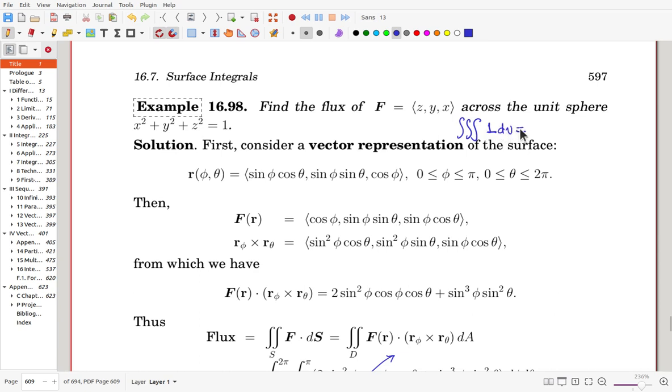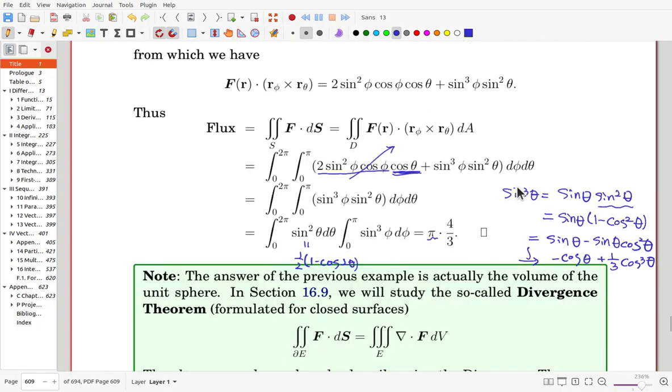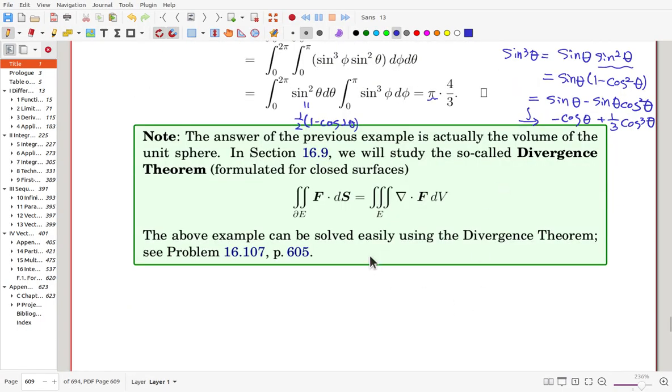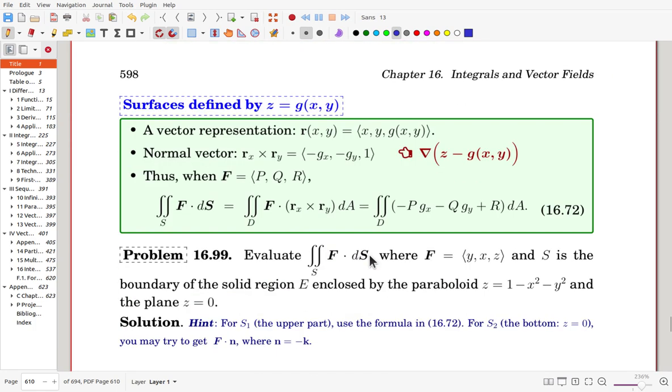So that is the volume of a sphere, which is 4 over 3 pi r cubed. r is 1, so that must be the solution. So we can get the surface integral quite easily when the surface is closed by using a formula called the divergence theorem. We'll deal with that in the last section.